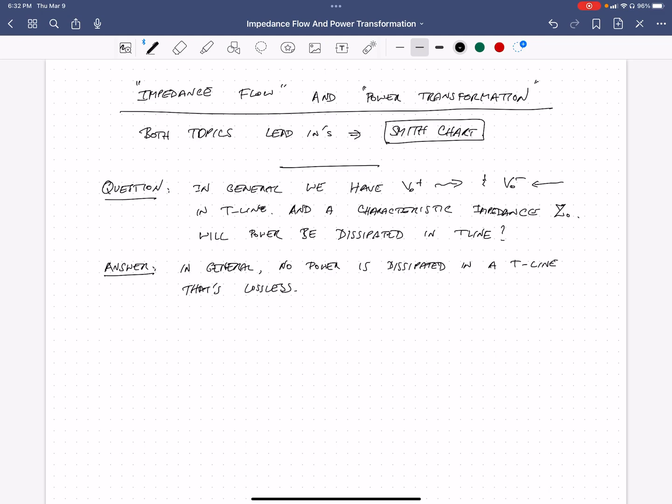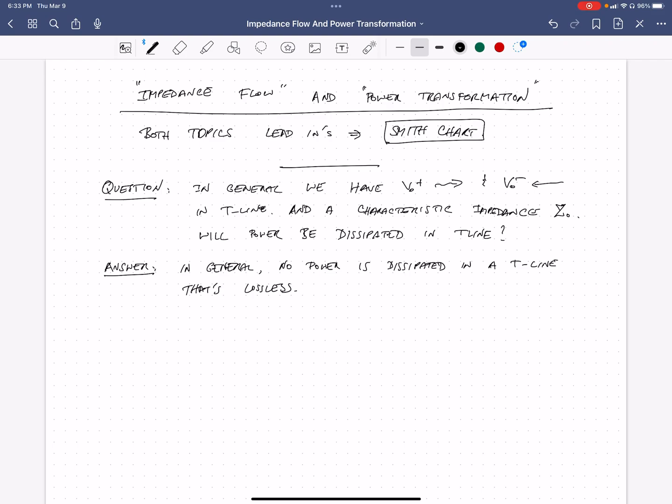But in the case where we don't have perfect matching between the characteristic impedance, the load impedance and the source impedance, there is voltage and current, and therefore power, potentially going back and forth in the transmission line as you get reflections.